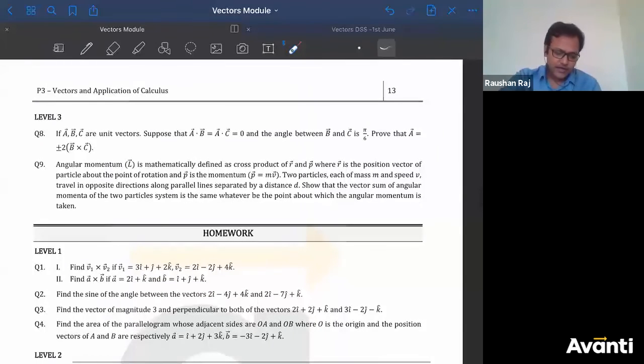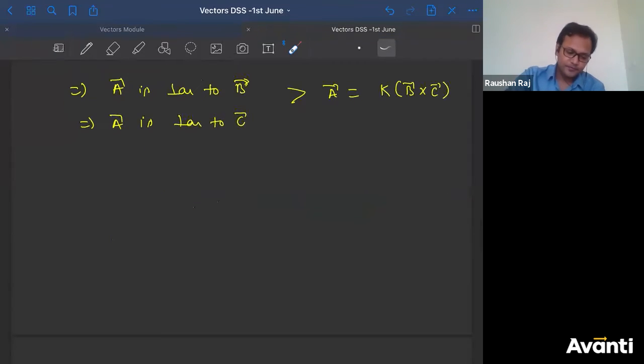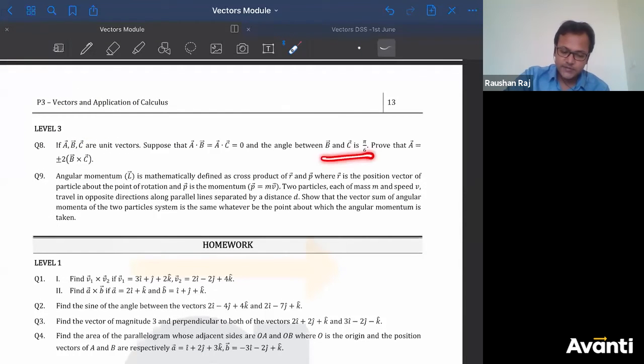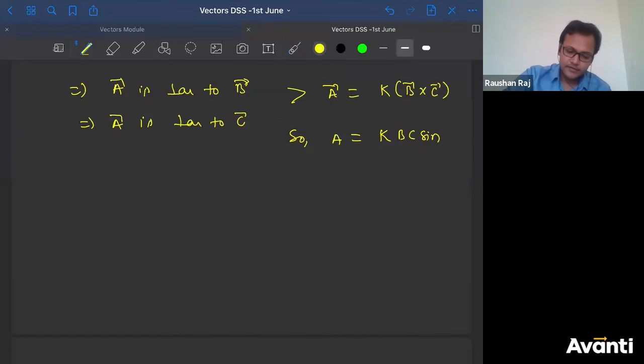So look, I know this. What is it, children? So we have to prove, we can write A vector can be written as K into B C into sine of. Tell me what is the angle between B and C? That is pi by 6. So I can write K into B C into 1 by 2. Now find out what is B, what is C, and what is A?